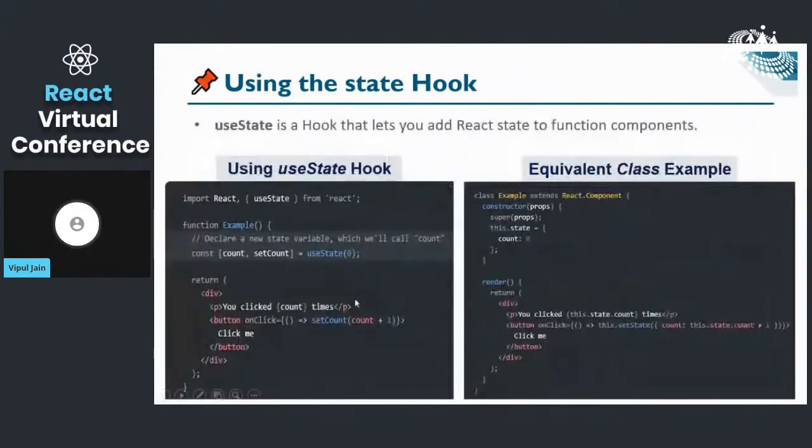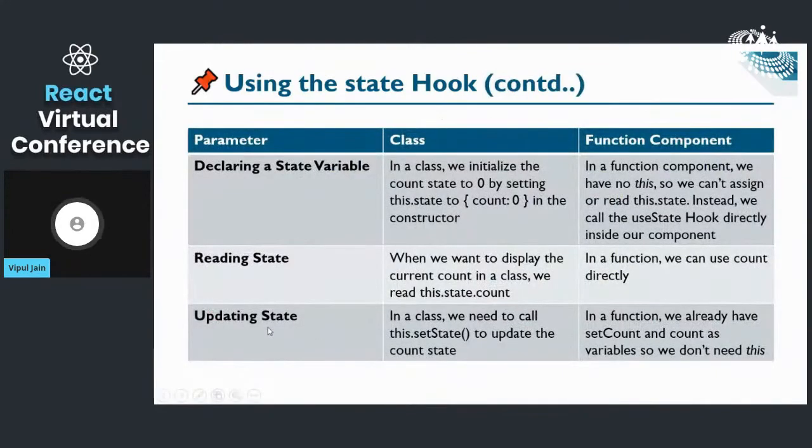You can see here, setCount(count + 1). I have used the state variable, count, directly in my setCount function. That's the real beauty of using useState, because it makes your code much cleaner and more declarative, instead of writing very complex and bigger code inside a class component.